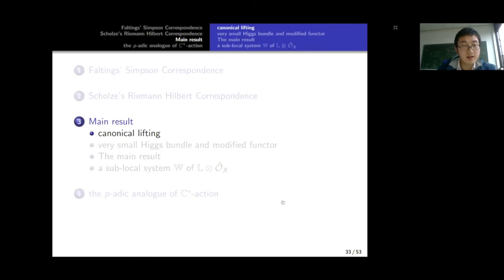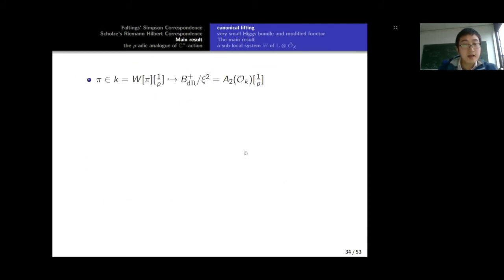Okay, now we introduce the canonical lifting. Firstly, as we talked before, this K can be embedded into B plus. So we can also get a map from K to this A_inf(O_K)[1/p]. And we choose a uniformizer pi of this K, which means the pi just generates the maximal ideal of the O_K.